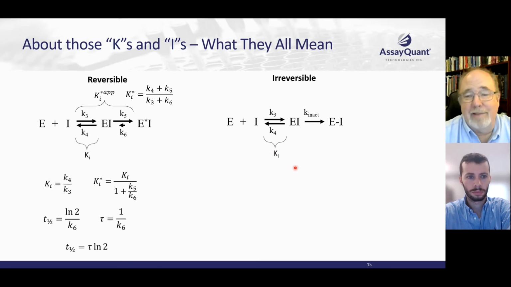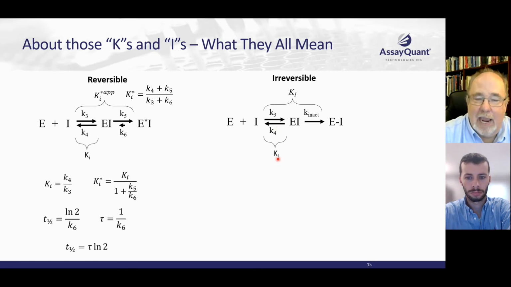An unfortunate aspect of the way enzymology developed over the years, there's a better term for Ki, which we call Ki. It's K capital I in this, and it's an amalgamation of all of these rate constants, K4 and K3 with the inactivation rate constant. It's K inact plus K4 divided by K3, whereas the non-covalent rate constant is just K4 divided by K3.